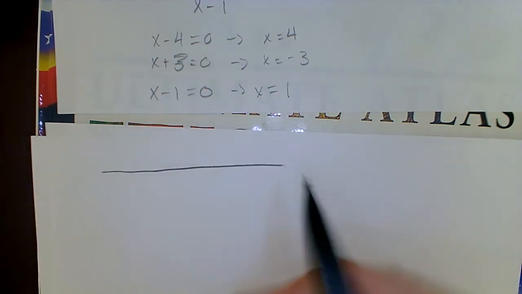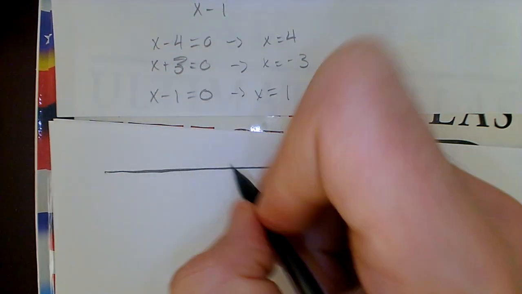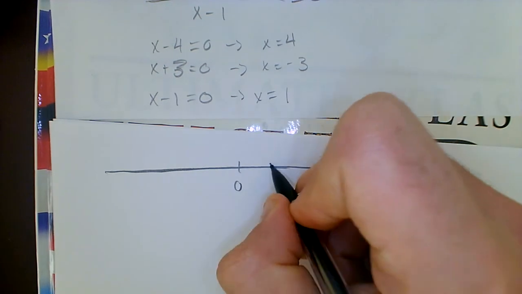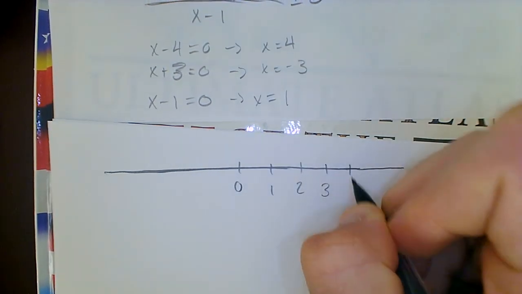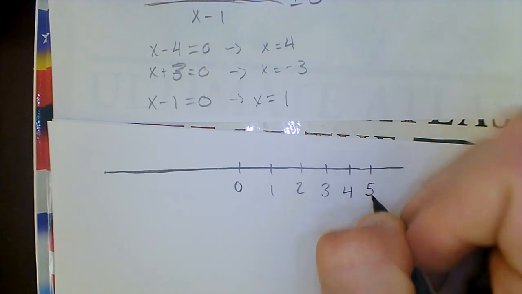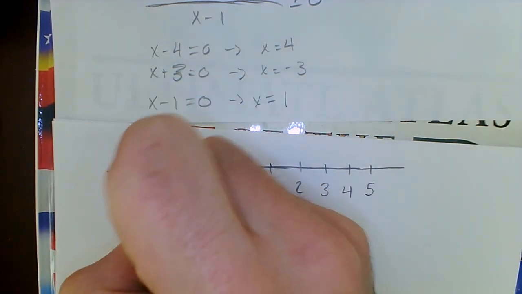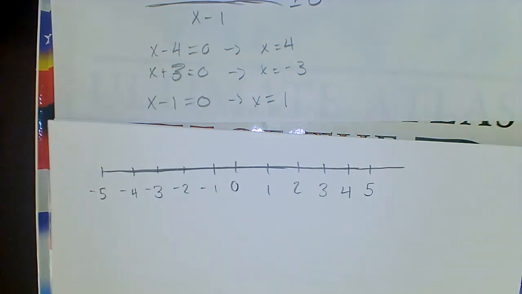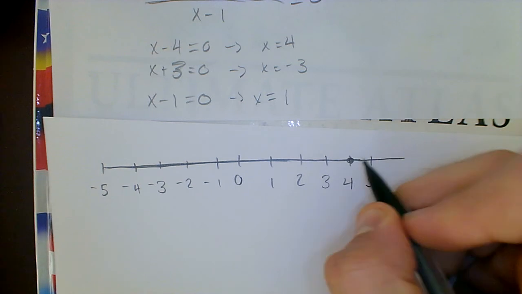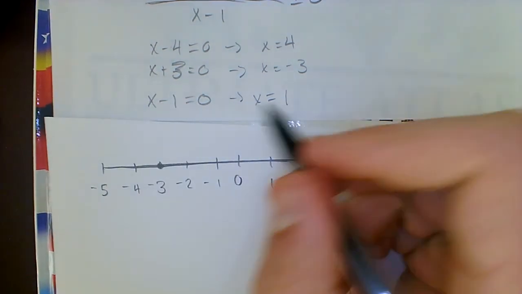Drawing this number line here, we get 0, 1, 2, 3, 4, 5, negative 1, negative 2, negative 3, negative 4, negative 5. So let's mark all of our points here. There's 4, there's negative 3.